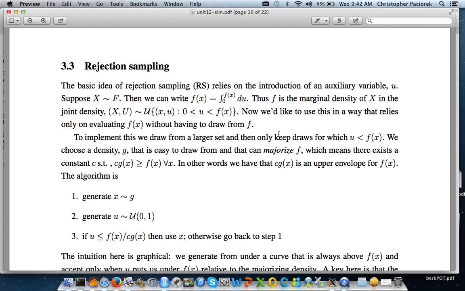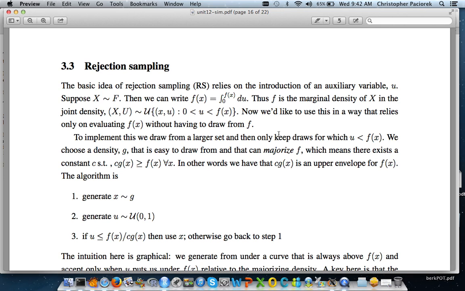Then the idea is that if I can generate from this envelope, the way that I make sure I'm actually generating from this bivariate distribution that's uniform within this shape is, I generate from this distribution, and then I draw a uniform value. Suppose that I generated this value here.